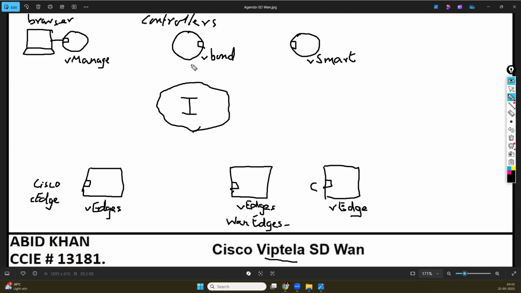all these controllers, vBond and vSmart, ultimately they are also on some servers only. So can we connect to the controllers using an Ethernet interface?